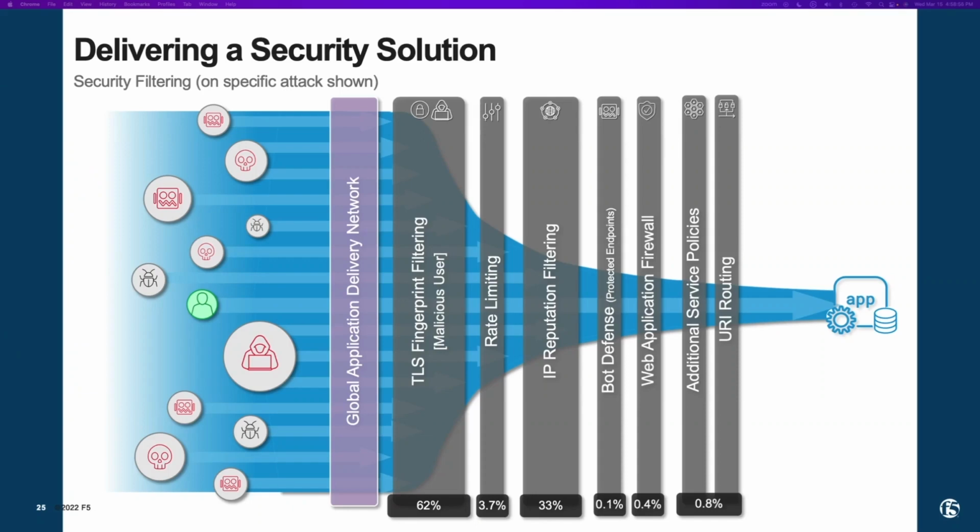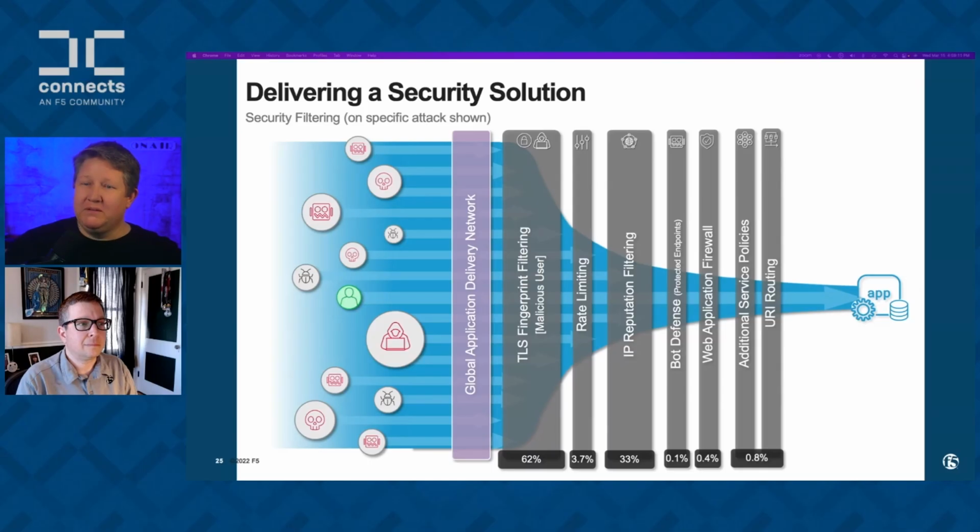And you're absolutely correct in that this is one attack, and every attack looks a little bit different. So web app firewall on any given one might be 80%. I don't know. But on this one, it didn't carry as much of the water for sure as the services in front of it, but it still carried water that was important.